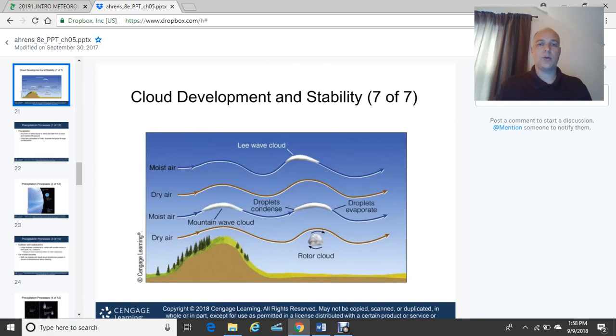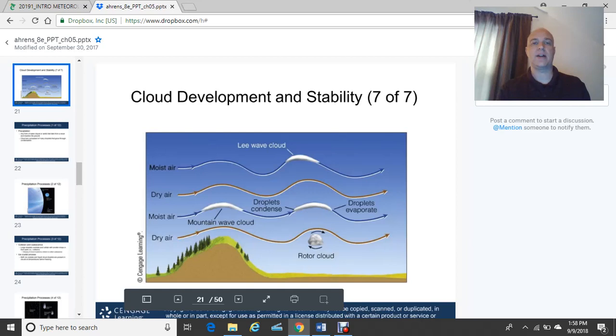Right below, you notice that a rotor cloud is spinning right below all the lenticular clouds on the leeward side, a little bit of distance down range from the mountain, but the rotor cloud is closer to the ground. And again, lee wave clouds are known as lenticular clouds, and also rotor clouds. These are very dangerous clouds because they have a lot of up and down motion and turbulence for pilots.